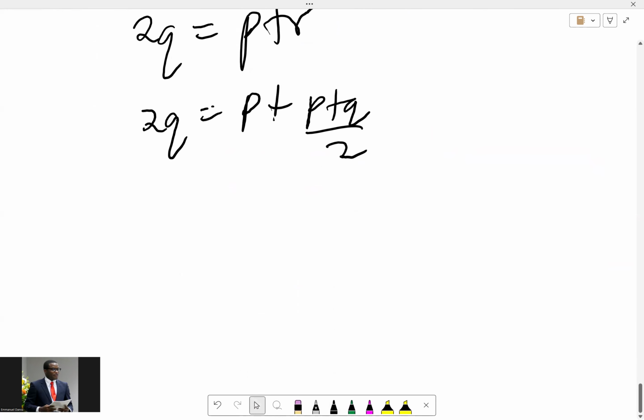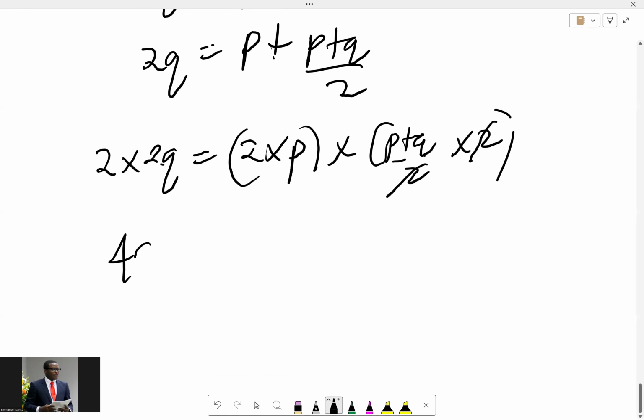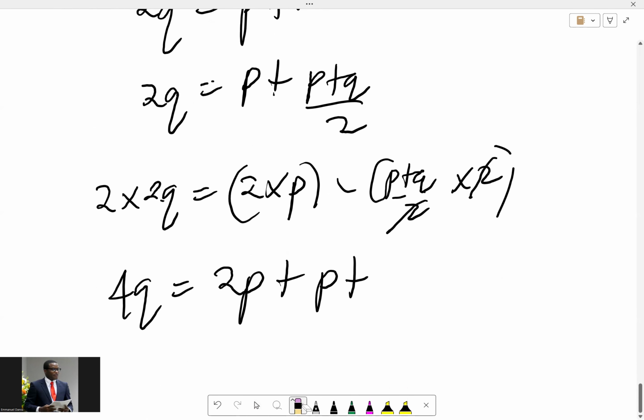So we can multiply through by 2. That means 2 times 2Q is equal to 2 times P, plus P plus Q all over 2 times 2. The reason for multiplying is because we want to remove the 2 down there. So this cancels this, and we now have 4Q equals 2P plus P plus Q. This is plus actually.